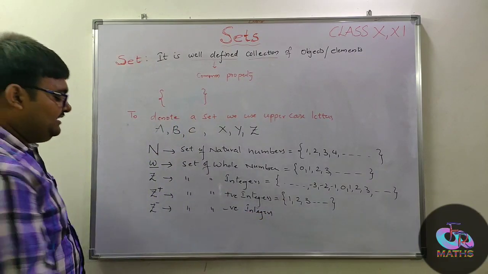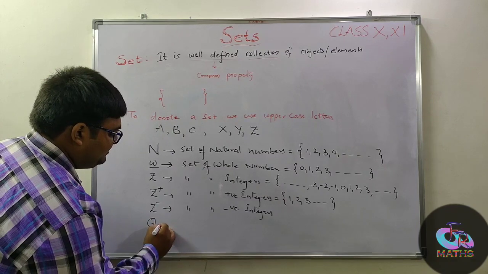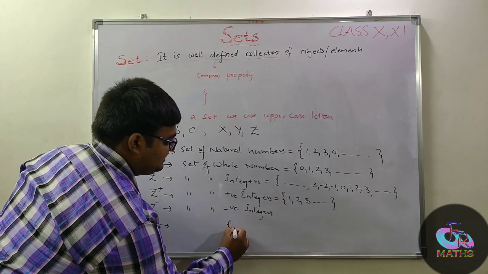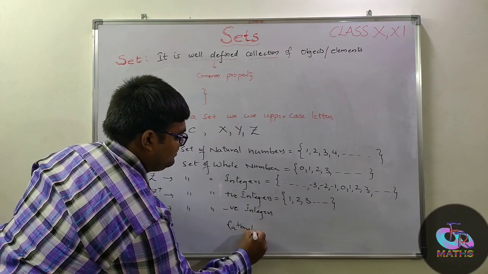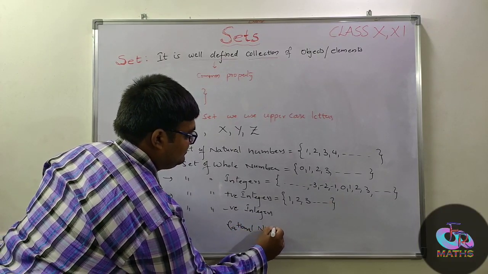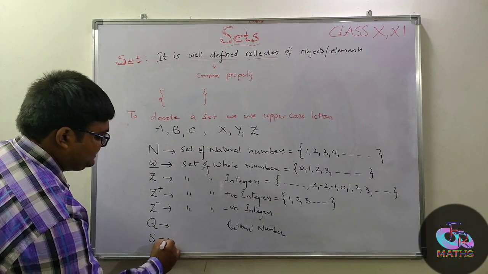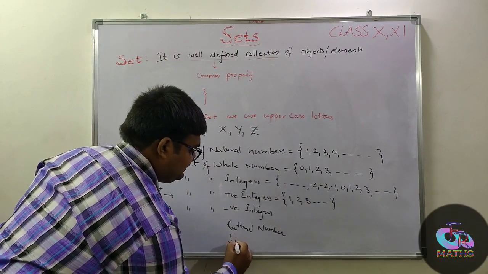Next we have rational numbers, which are represented by Q. These are the set of rational numbers. In the same way, S is the representation for irrational numbers.